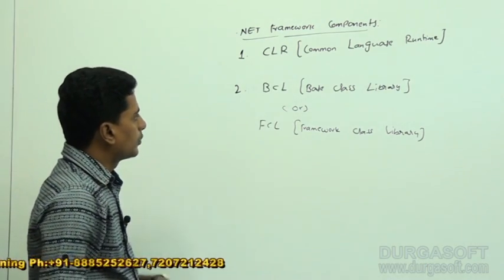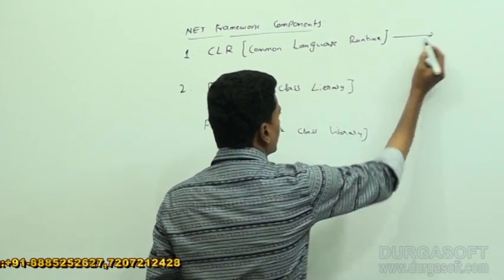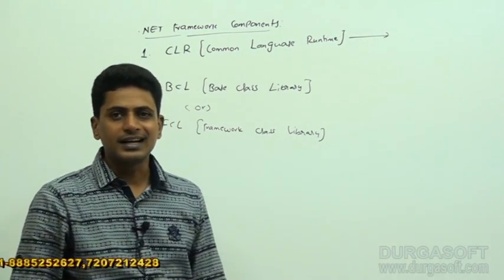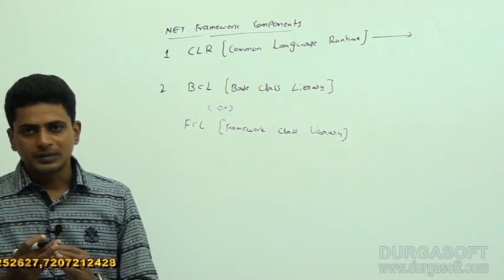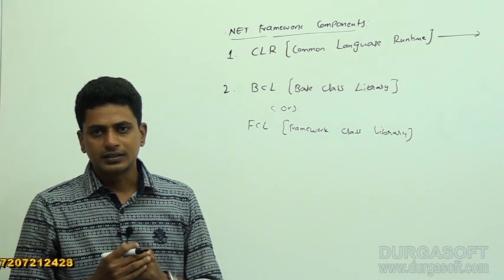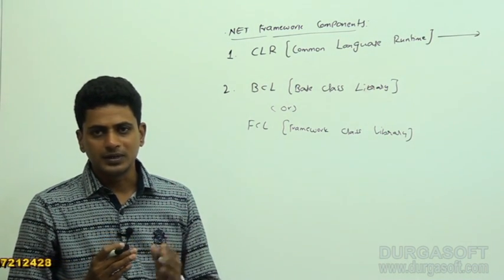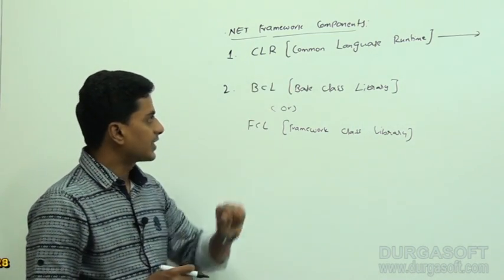First I will talk about CLR. CLR is a main component which is used to provide the runtime environment to .NET applications. When we write the programming part in .NET and want to run the application, the Common Language Runtime provides that runtime environment. Why is the name Common Language Runtime?